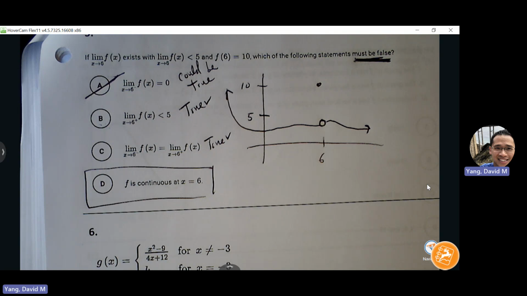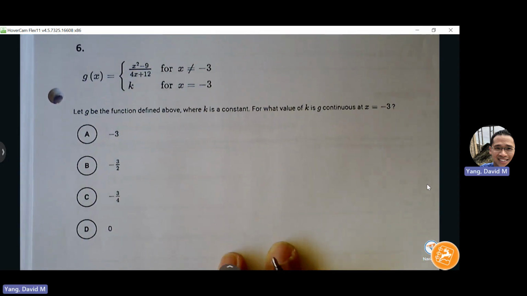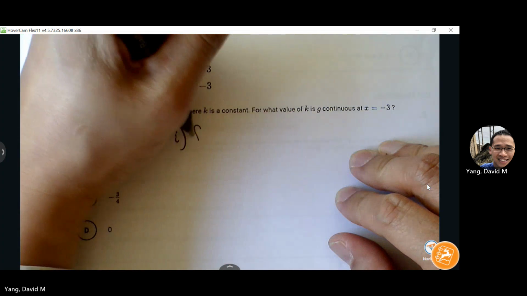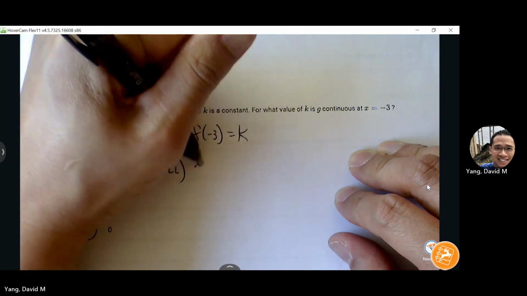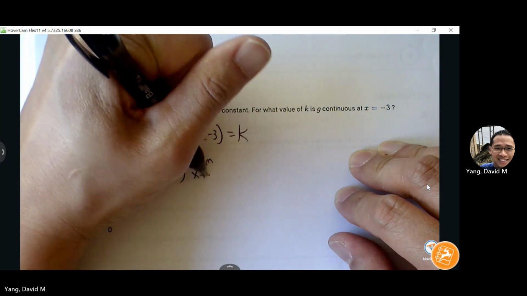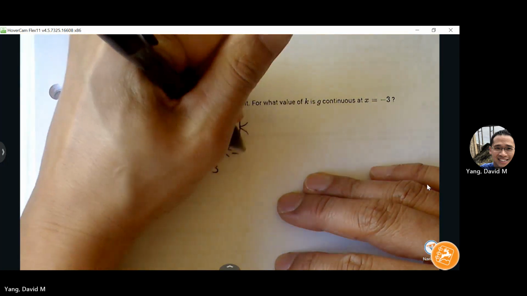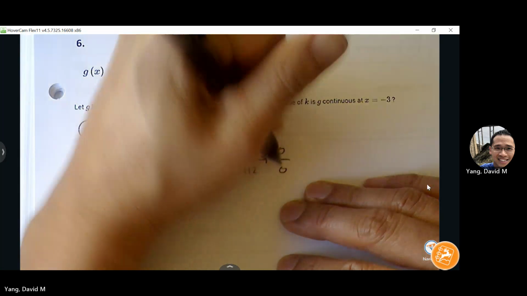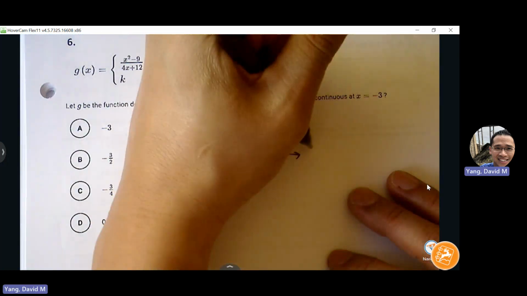Okay, number 6, more continuity conditions. You're welcome to use L'Hopital's rule, which gets you over 0, but you can also factor.